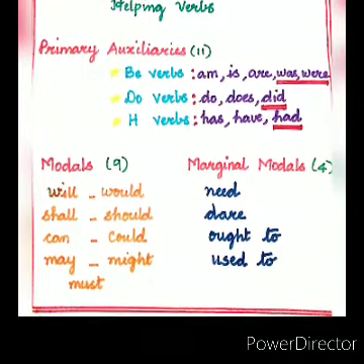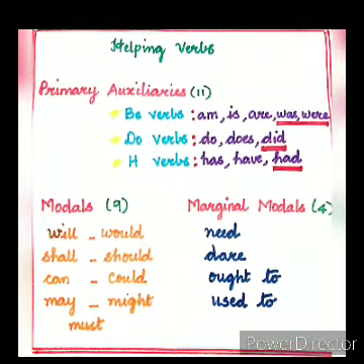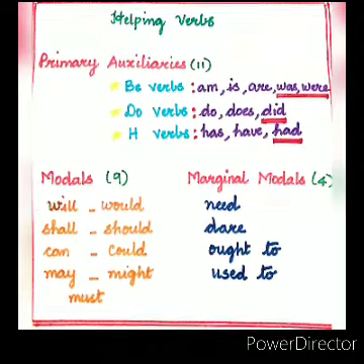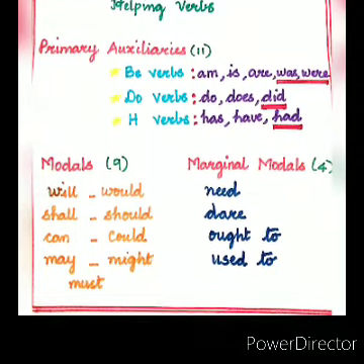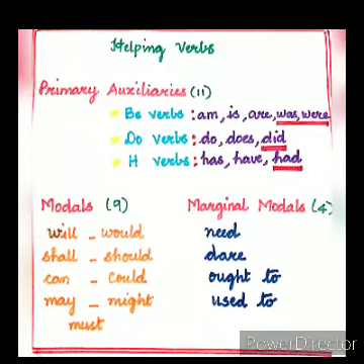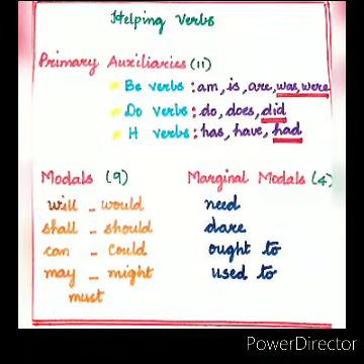Next comes the 9 modals: will, would, shall, should, can, could, may, might and must. Then comes the 4 marginal modals: need, dare, ought to, used to.